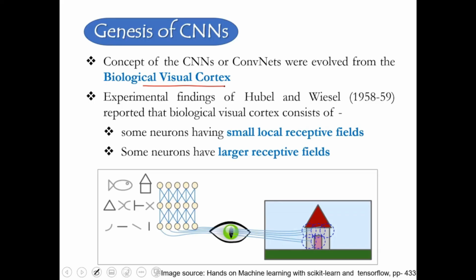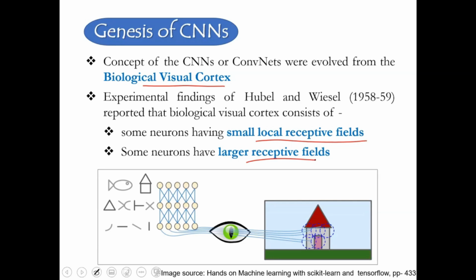Okay. These experiments were done during 1958-1959 by Hubel and Wiesel, and their results reported that some neurons have small local receptive fields, and some neurons have large receptive fields.